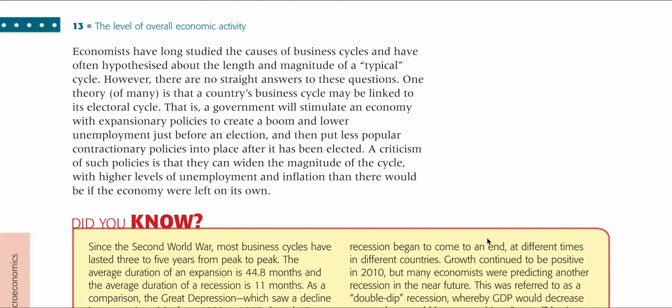The government is likely to stimulate an economy with different policies to either lower unemployment in certain instances, or if there's a boom, try and find different solutions to fix that. But what we do see a trend of is that around election time is usually where you see the most growth.